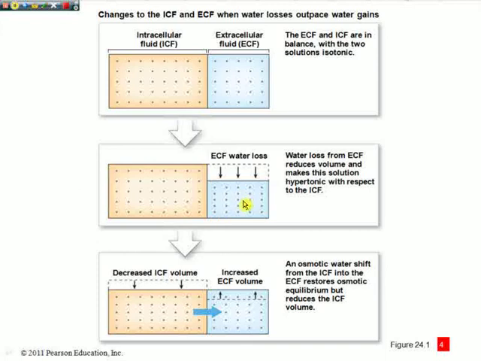So that concentration is going to create a gradient resulting in an osmotic water shift from the ICF into the ECF. So it will restore the osmotic equilibrium, but it will reduce the ICF volume as well.